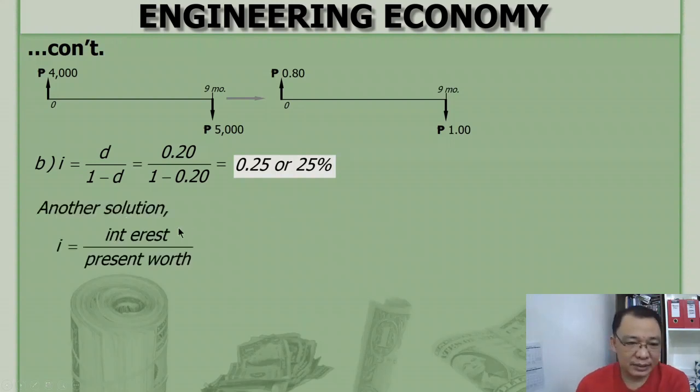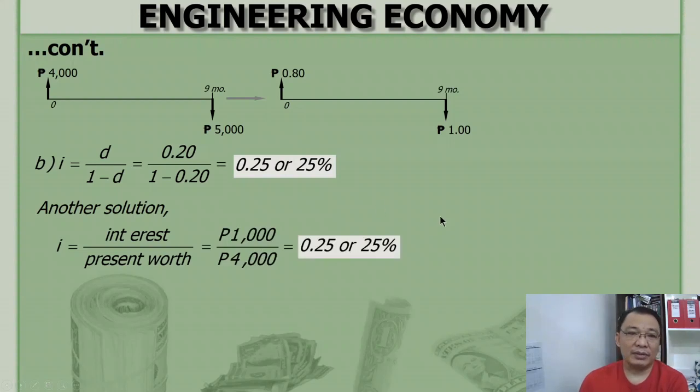Another solution: the interest taken instead of 5,000 is 1,000, and the amount received is 4,000, the present worth. So 1,000 over the present worth of 4,000, and the answer is 25%.